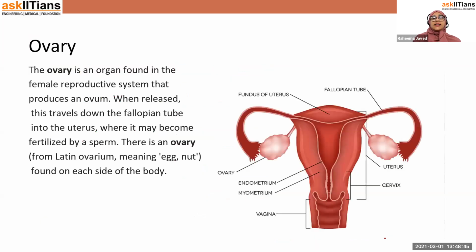Okay, next is ovary. Okay, so you can see the diagram of the female reproductive system, and there are two ovaries, one on the left side and the other one on the right side. So it is an organ of the female reproductive system. Okay, what we need to focus on is the hormones of the female reproductive system. So first one is estrogen.